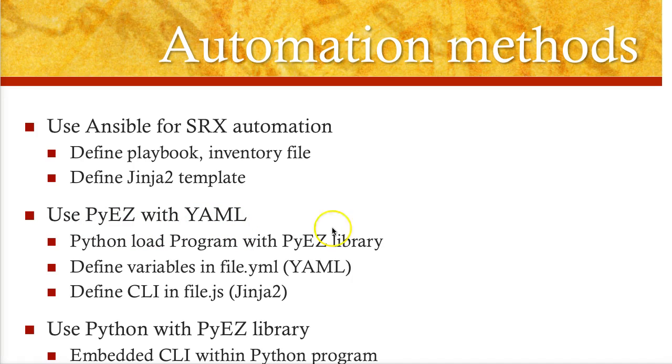This is how we configured the VPN in the previous lab. You use a Python program to read two files. You define the variables in a YAML file, and the CLI in a Jinja2 file.